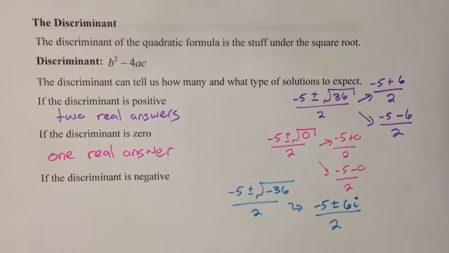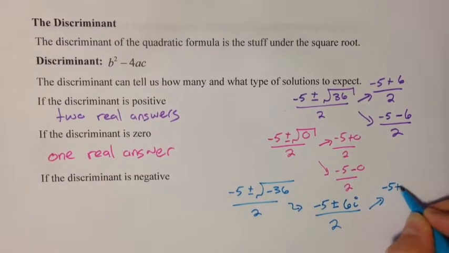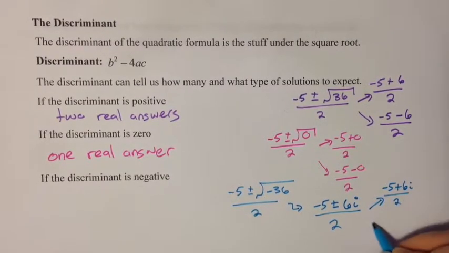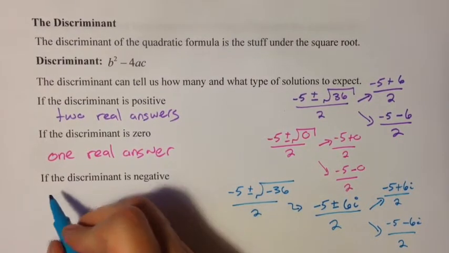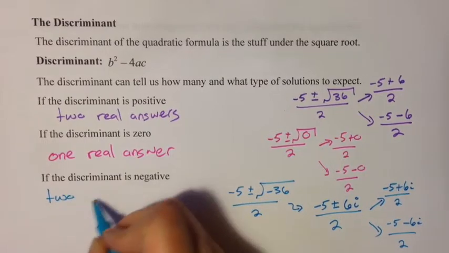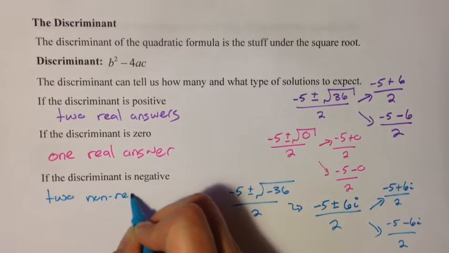And it's all being divided by 2. So this gives me two answers, -5 plus 6i over 2, and -5 minus 6i over 2. So this gave me two possible answers, but they're both imaginary. So if the discriminant is negative, we have two non-real answers.